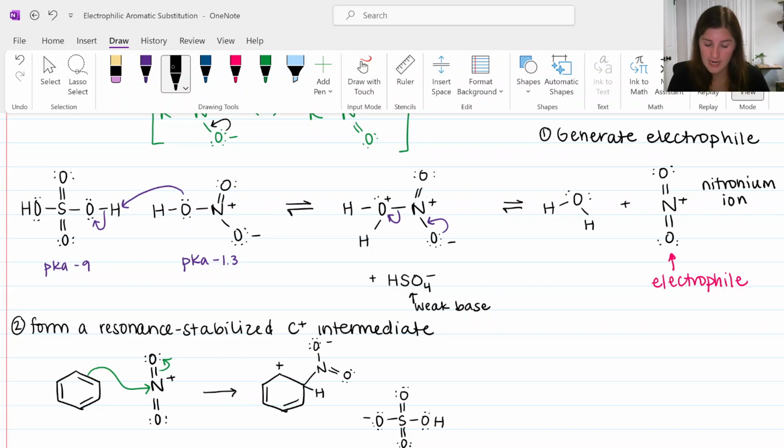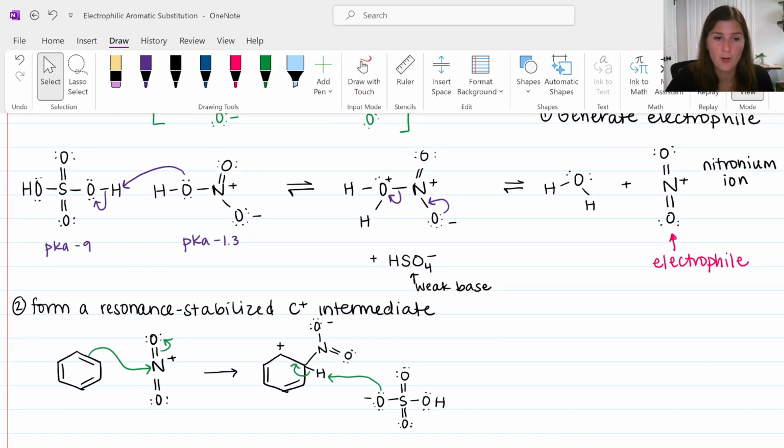Okay, so this is HSO4 minus. The weak base will remove the hydrogen, and then the electrons in that bond will reform a pi bond, which reestablishes aromaticity. So this is step 3.